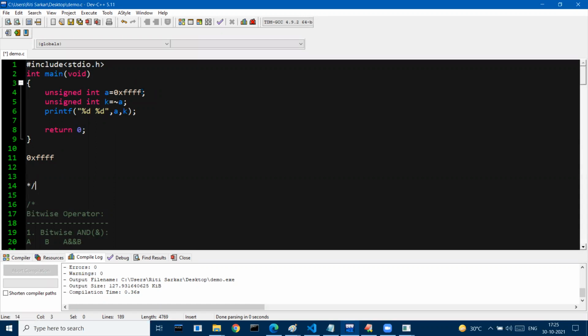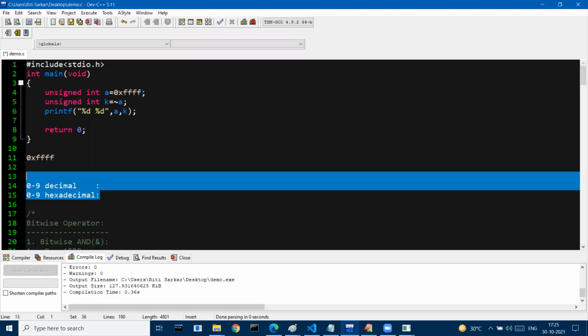I said now, 0 to 9 is the same as decimal. That means whatever decimal 0 to 9, same as hexadecimal 0 to 9. These two are the same. 0 in decimal, 0 in hexadecimal, both are the same.